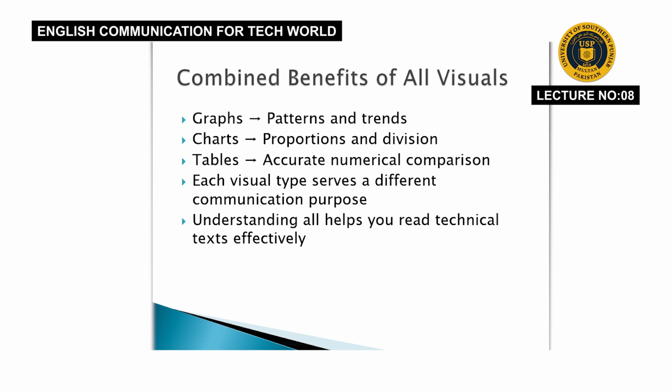In technical communication, visuals are not just decorative. They are tools that improve understanding. When you master the ability to read these visuals, you become a more efficient communicator, a better analyst, and a more competent professional. This skill is essential not just for academics but for your entire career in the technical world.